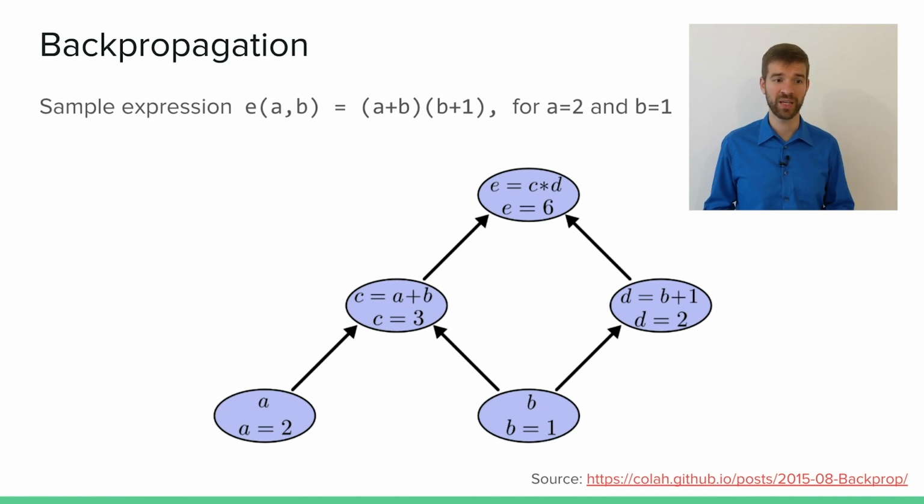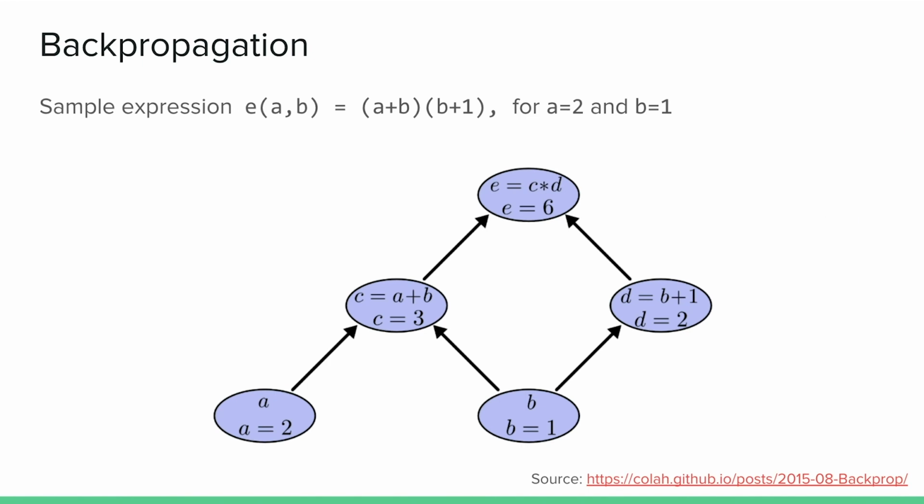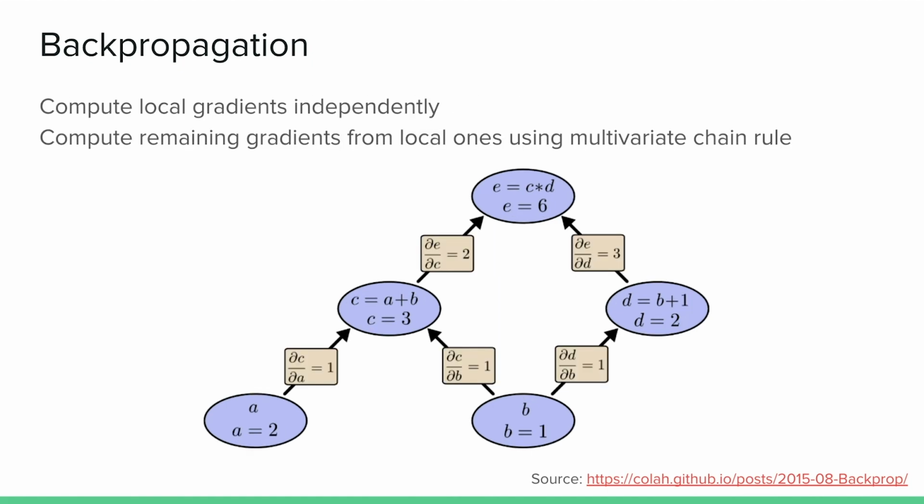So when we input the number a = 2 and for b the number 1, we can actually propagate this through our network, and we get c = 3, d = 2, and e = 6. Now we can do backpropagation because we know the steps that we took to get from one function to the next function.